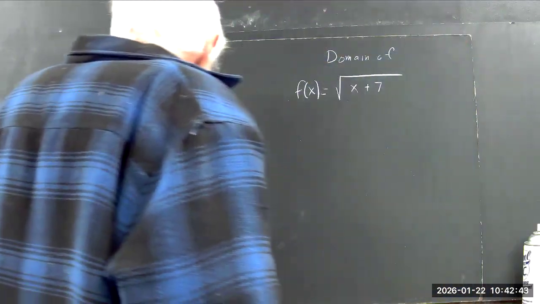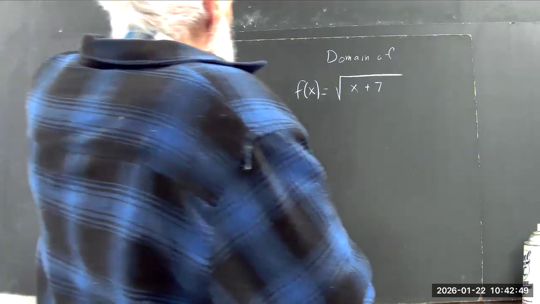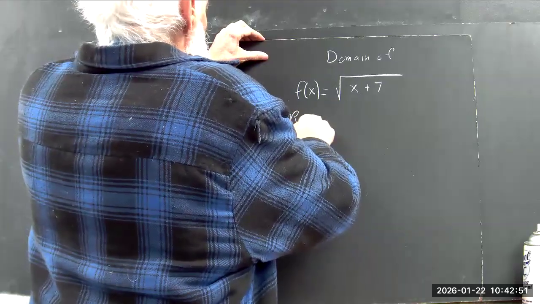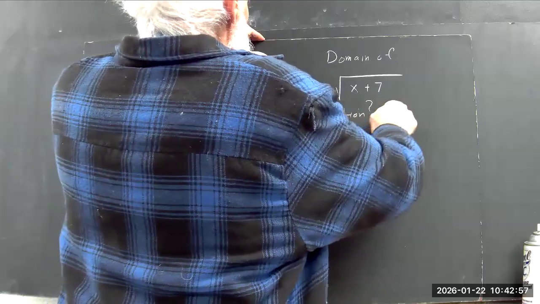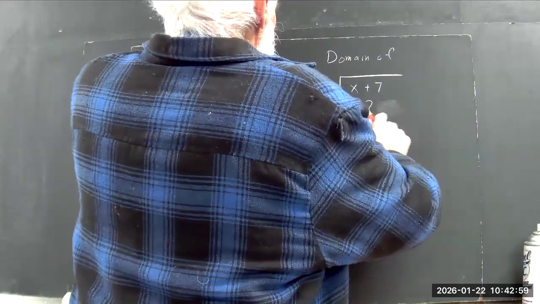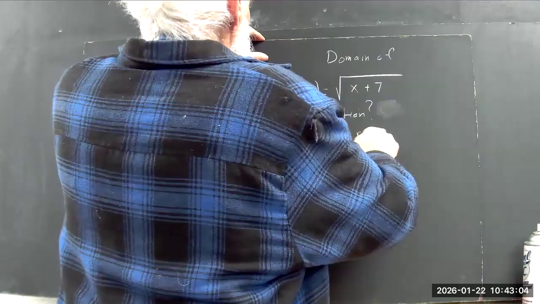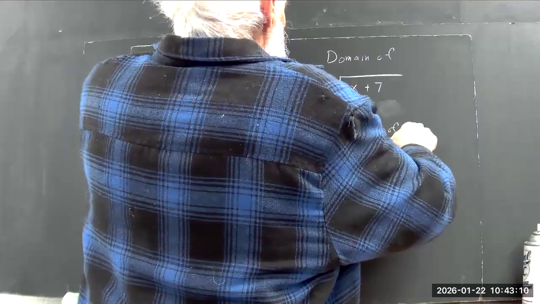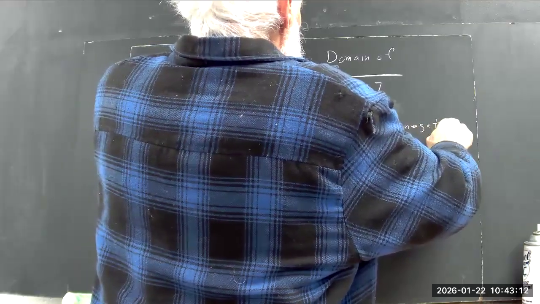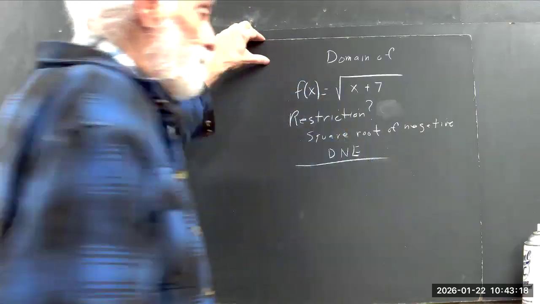Okay, so we pretty quickly got a good answer here. You can't do the square root of a negative number. So the restriction is square root of a negative. I'm going to write DNE, does not exist.